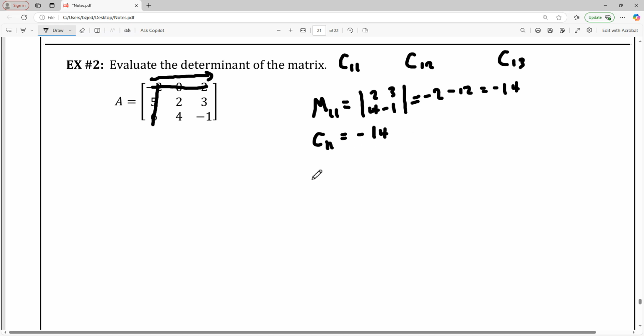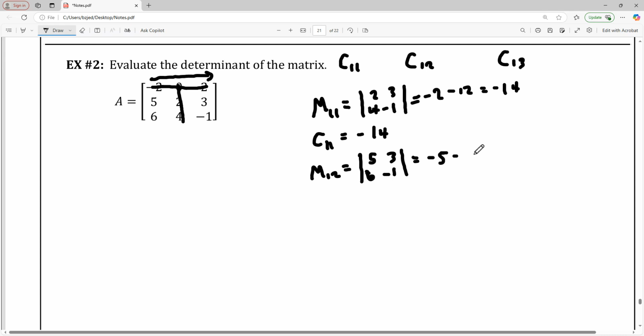I also need now minor 1, 2. So I'm going to still block out the first row, but now I'm going to block out the second column. So what would I have? 5, 3, 6, and negative 1. And we are going to expand this. 5 times negative 1 is negative 5.